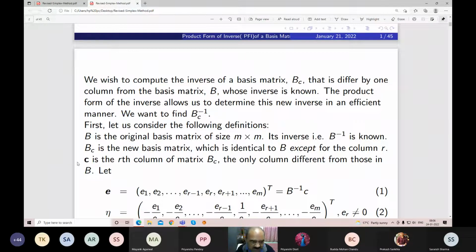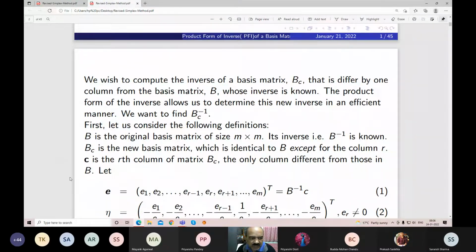C is the rth column of the basis matrix BC, the only column which is different from those in basis matrix B. So again I am repeating, B is the original basis matrix. It is an identity matrix. Size is m by m and its inverse is known, the same identity matrix.